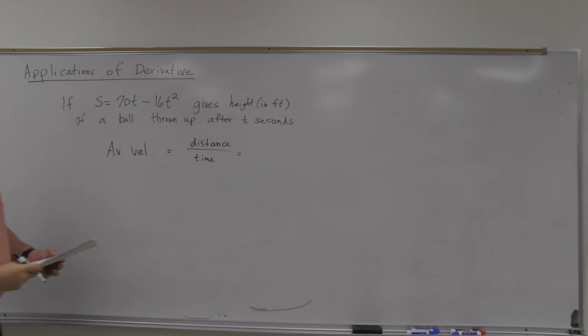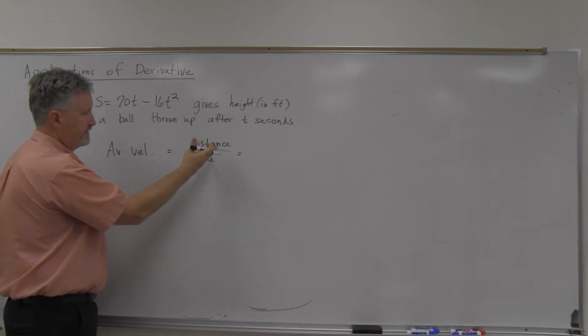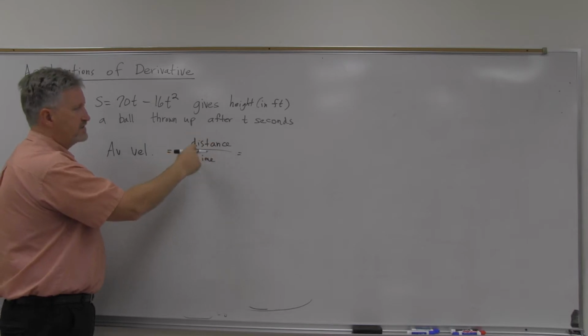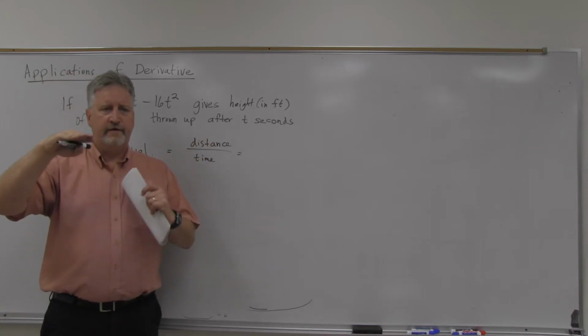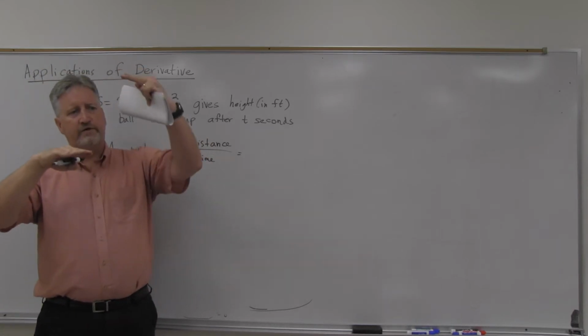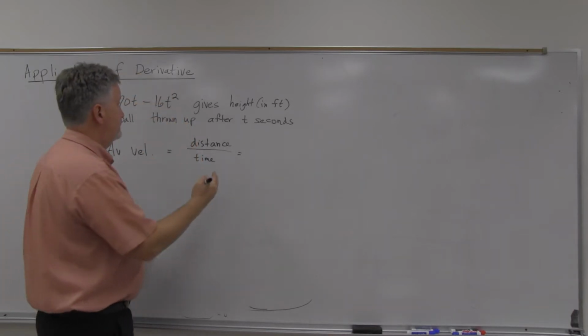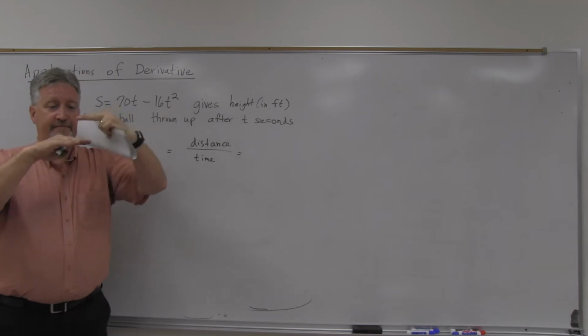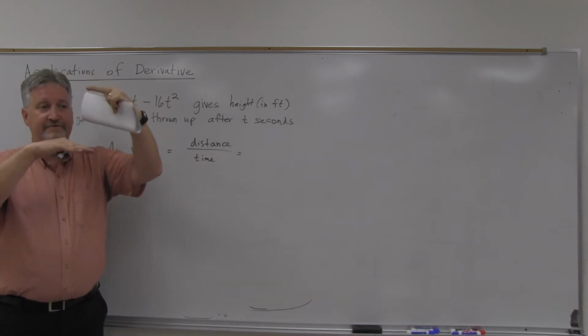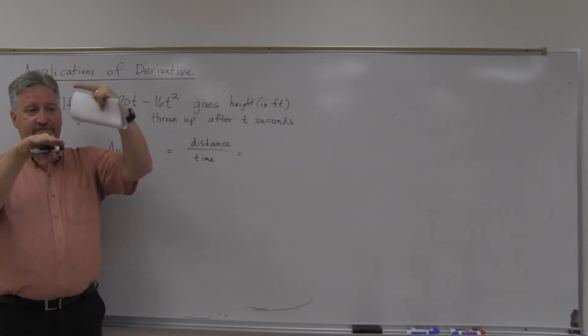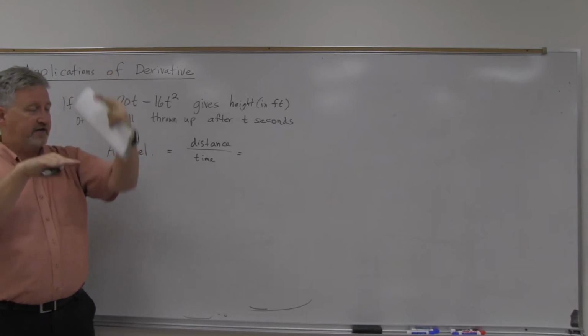Well, the way we did it is, for the distance, start here at one height and then go a little bit of time to a new height. So call that gap there h seconds from this height to this height.